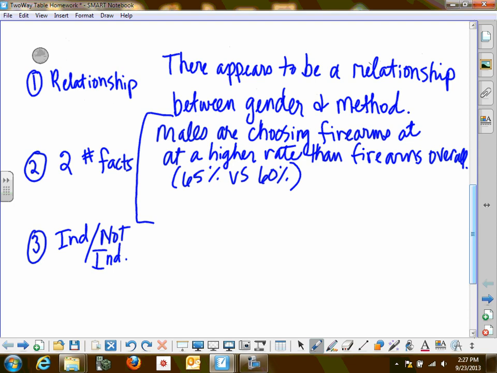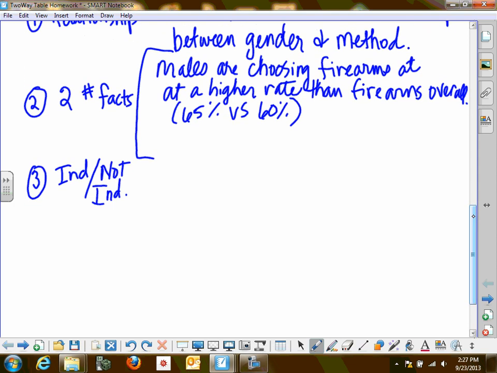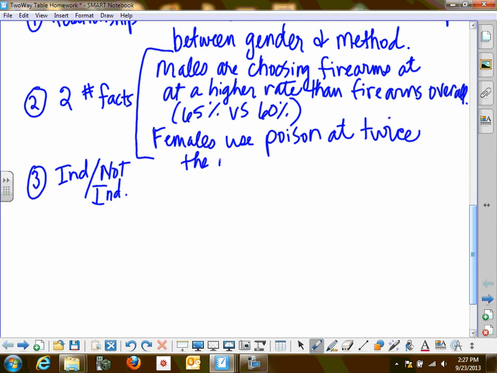The second sentence I wanted to use was that one about the females, because that was quite striking on the female usage of the poison. So, how about this? Females use poison at twice the rate of poison overall.